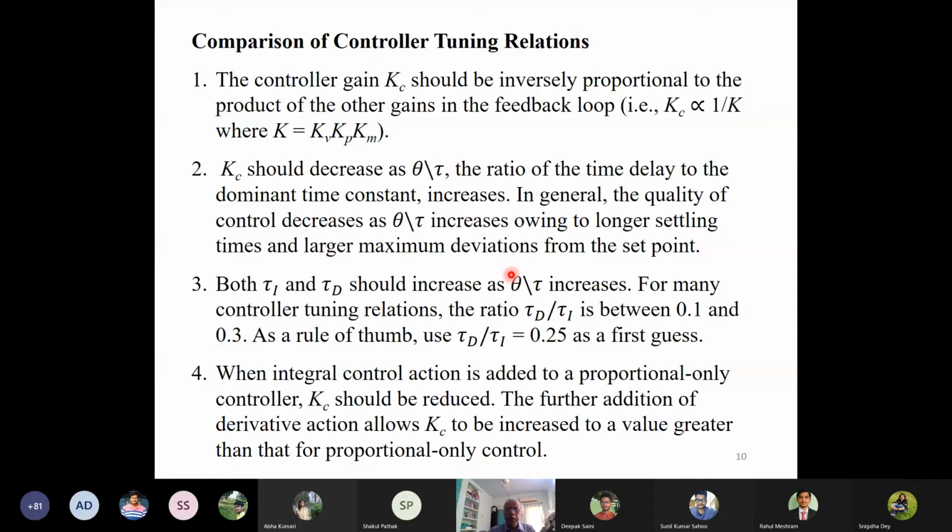Normally we find the derivative time constant by using the relation tau d by tau I equal to 0.25. So we get the tau d value, then we implement the controller and see the response. And accordingly, we change this tau d by tau I from 0.25 to, let's say, 0.2, or sometimes we increase to 0.3 and so on.